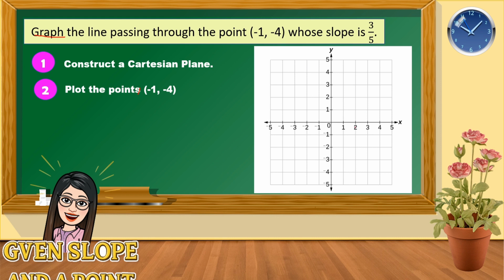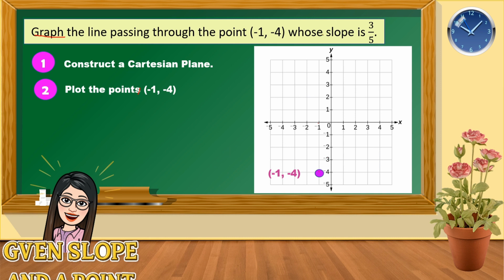So let's plot -1, -4 in our Cartesian plane. This is our -1. And there you go, this is our -4. So therefore, andoon, this one is our first point or initial point. -1 and -4.